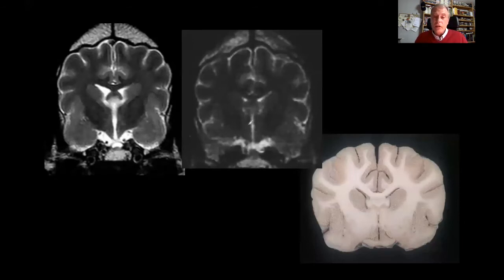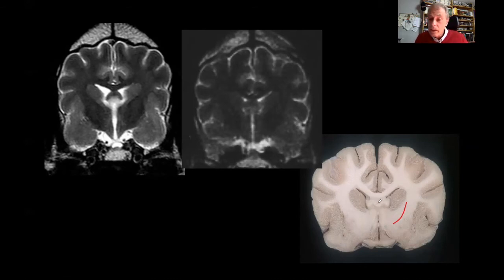These sections correspond to this one. What do we see here? We see hypointense signal of the white matter, and we see white matter here. Okay, we are before the interthalamic adhesion, at the level of the third ventricle.